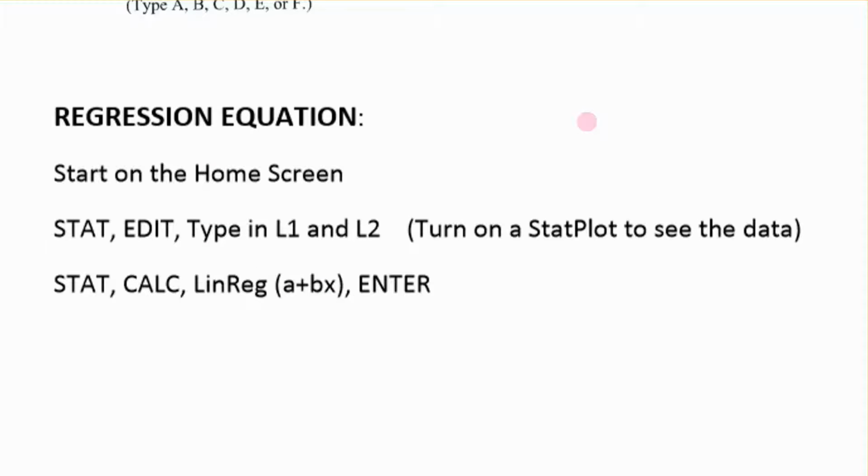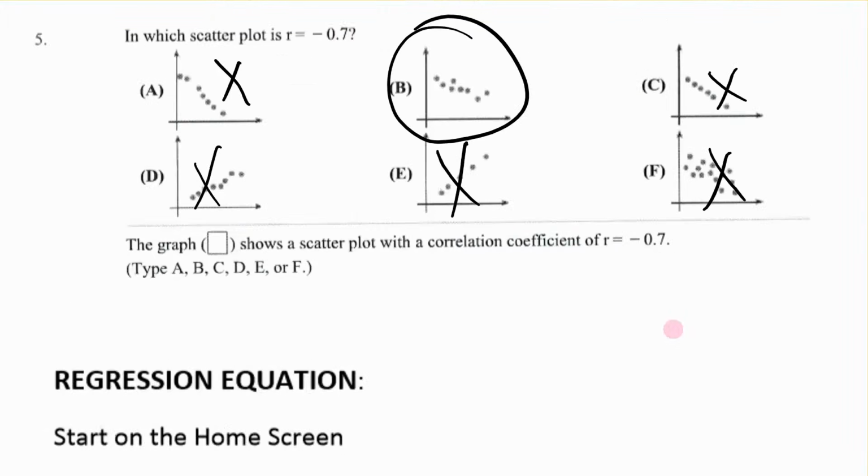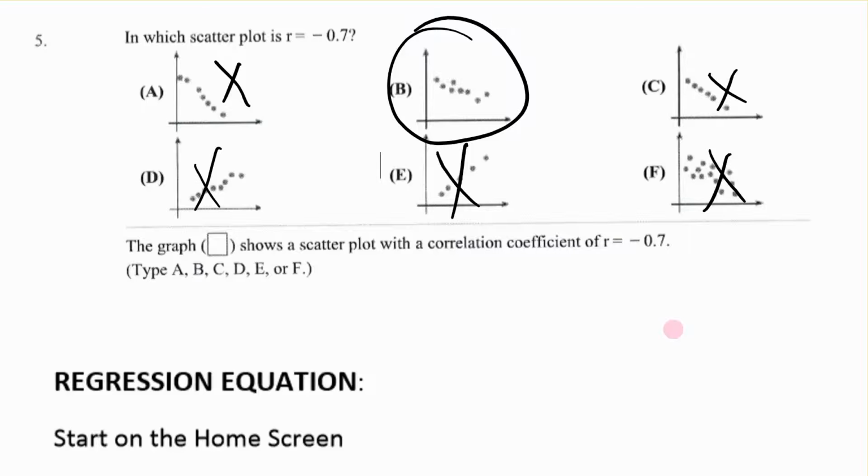All right, now, if data has a correlation, or even if it doesn't have a correlation, you can find what's called the regression equation. It is the equation of the line that comes closest to most of the points. There is little error between the line and the points.